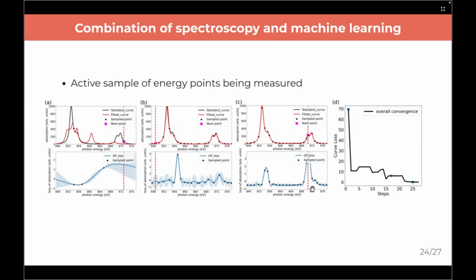So that is, I would say, not simple, but just an example for you to get an idea of how machine learning can be applied in spectroscopy or in related research topics.